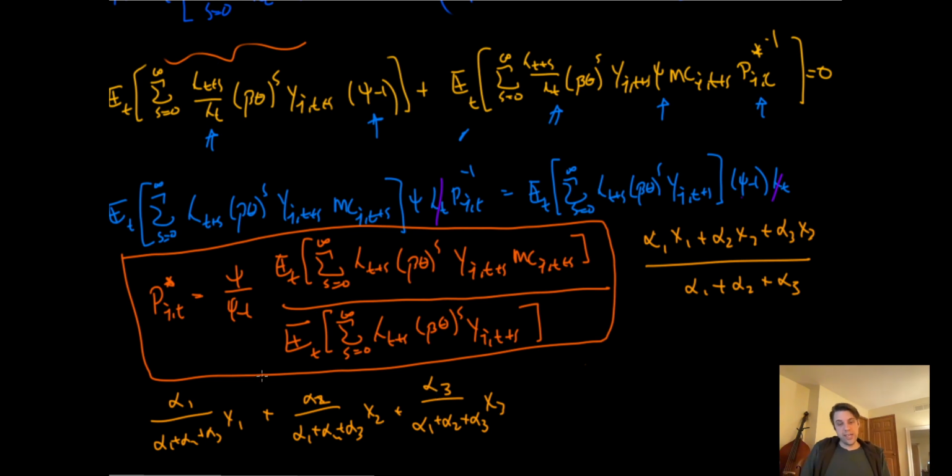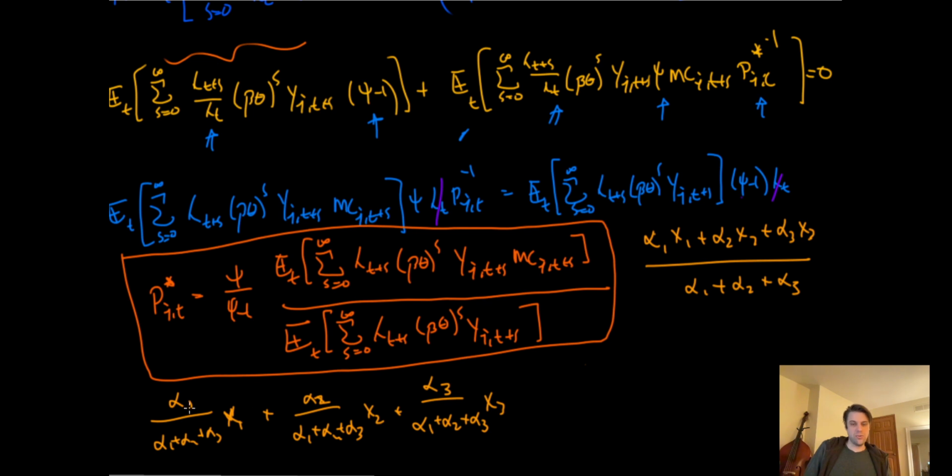And writing it like this is really nice because it shows us what we have here. X is the marginal cost, and this alpha is this weighting term. So in each period, we're going to weight the marginal cost by that period's contribution to the total expected discounted flow of output.